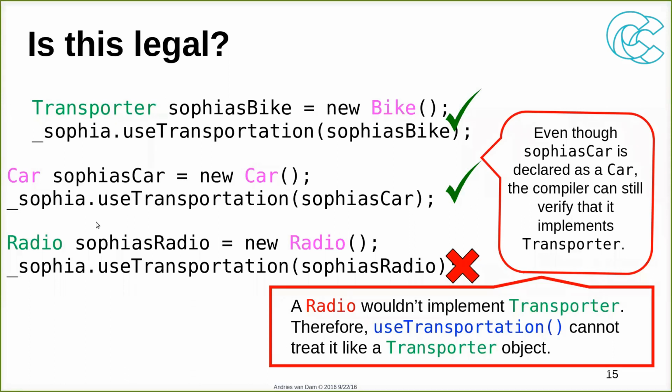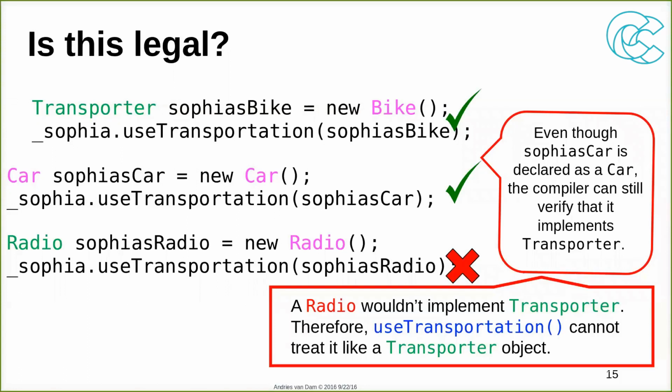Excuse me, sir. With parameter passing, we are converting a car object into a transporter object, because car contains the methods of transporter. But can it happen the other way around?